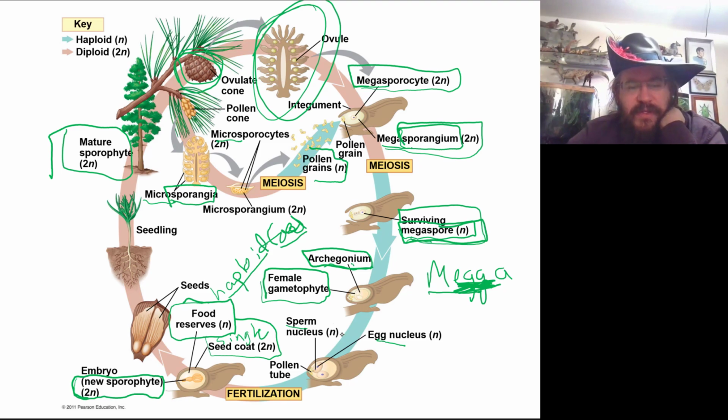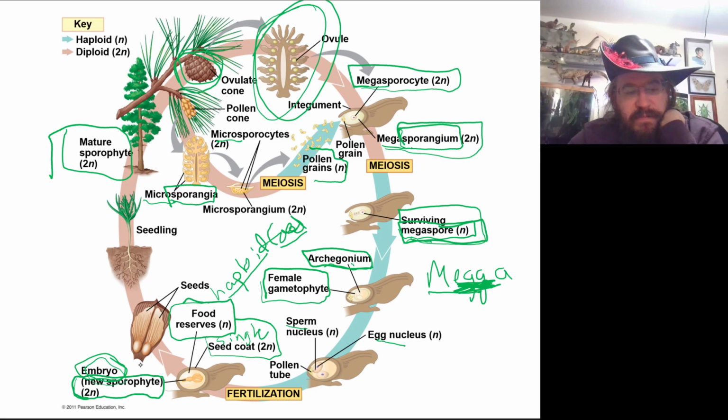Then you have the pollen grain landing. It makes a pollen tube, and the sperm nucleus travels through the pollen tube to the egg nucleus. Fertilization, zygote. We get growth of our zygote within our ovule. It becomes an embryo.